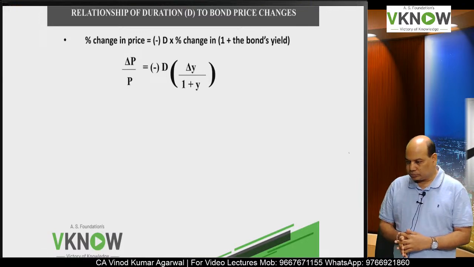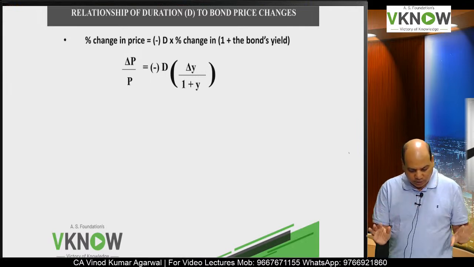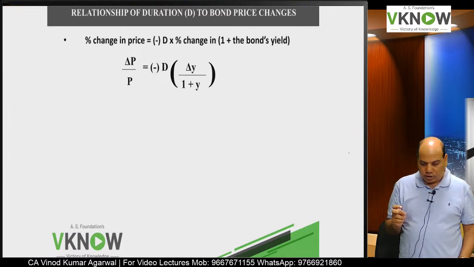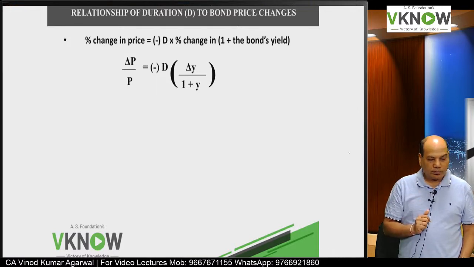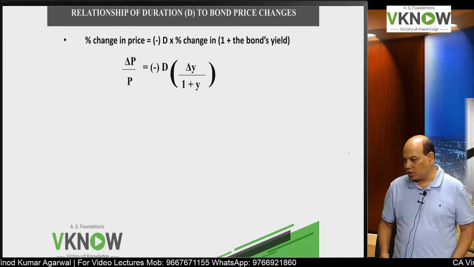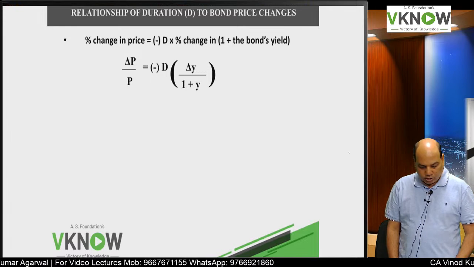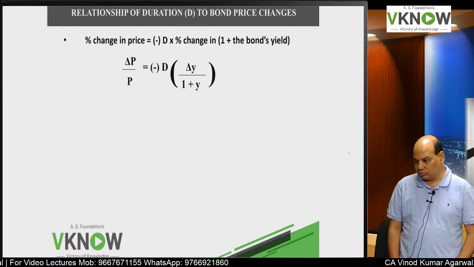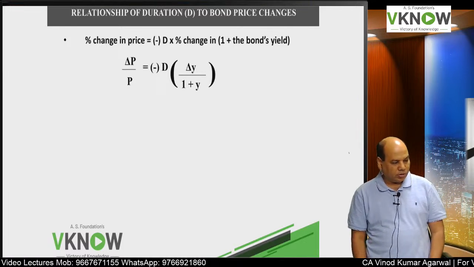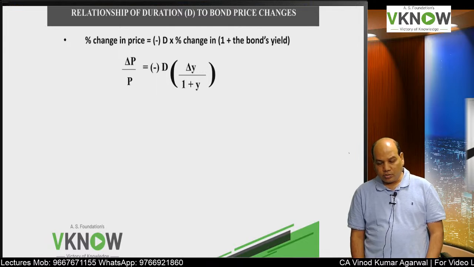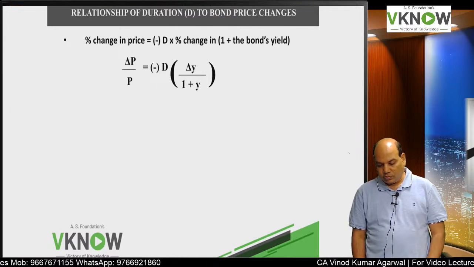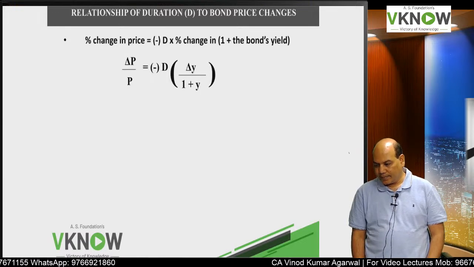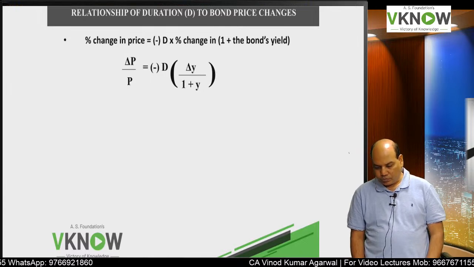Okay. So see, there is a mathematical relationship in paragraph number 29. You have to write it also so that you will also participate. Write down the equation: percentage change in price is equal to minus D into percentage change in 1 plus bond's yield.